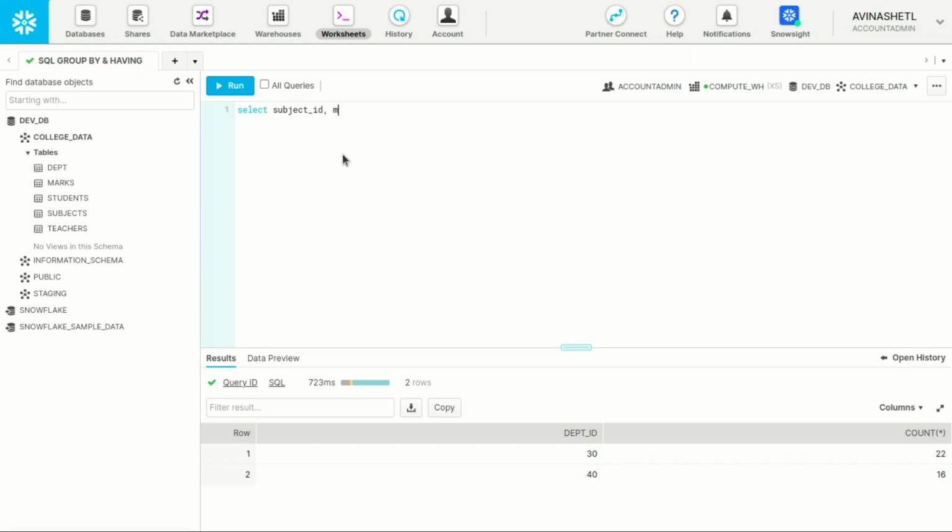And we are looking for maximum obtained marks, so we will be using max aggregate function, max of obtained_marks, from table marks, group by subject_ID, then having max of obtained marks more than 90.